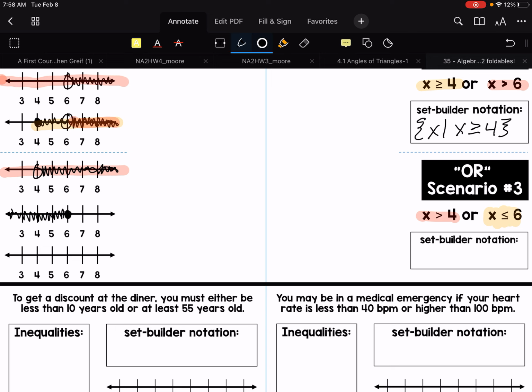Now notice with this one, when I graph an overlap, I end up with the entire number line. So that means that any real number is the solution. If you end up with the entire number line, all real numbers is your answer. So that's it. That's all this section is.